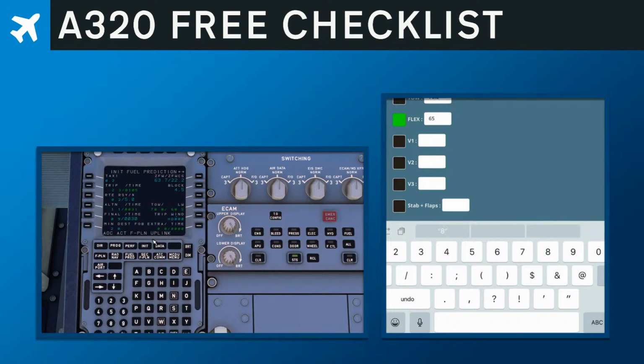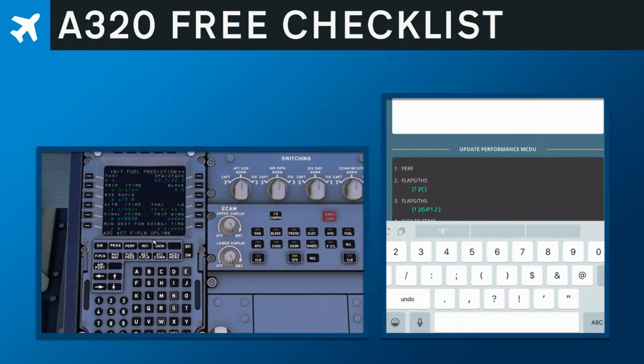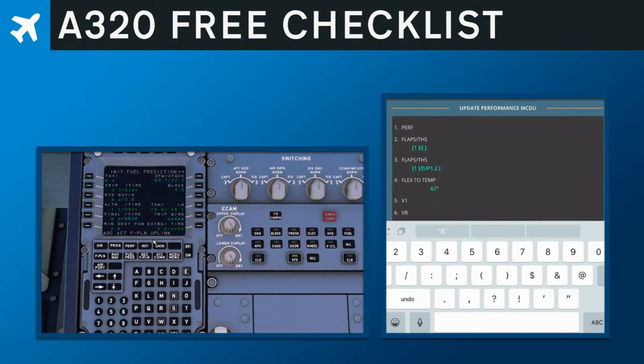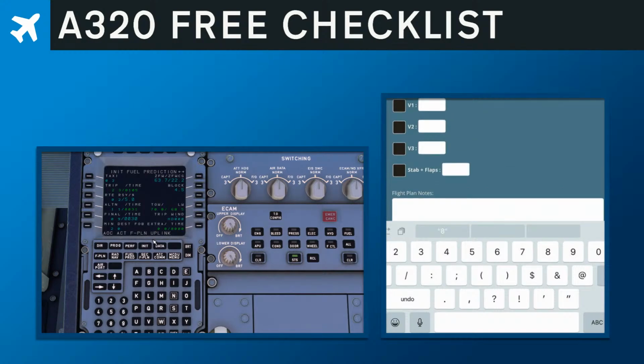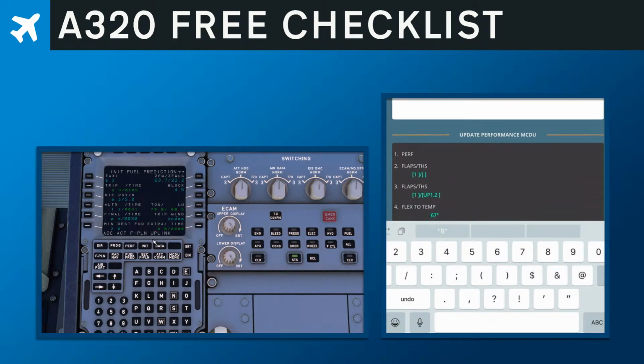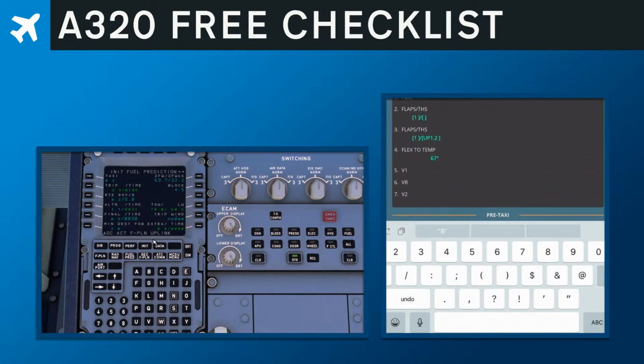Our next step is to go to performance. I'm not doing that tonight, but we can get the numbers from the performance charts on an online resource. We'll skip that because we can call it in from the MCDU. So we'll update the performance. We press performance, and we're going to have a flaps 1 takeoff, so we enter 1 into flaps.